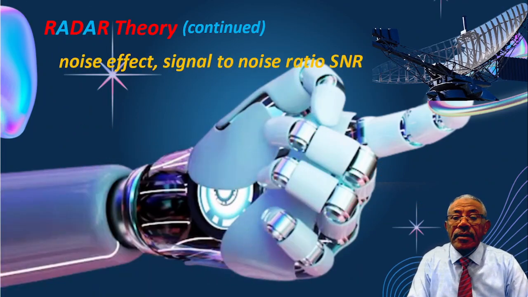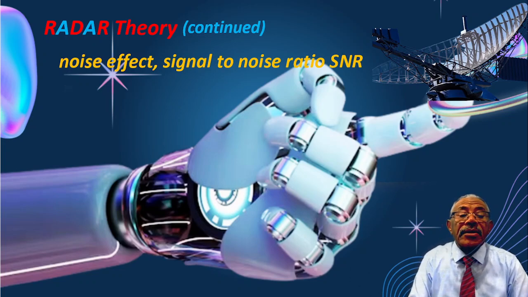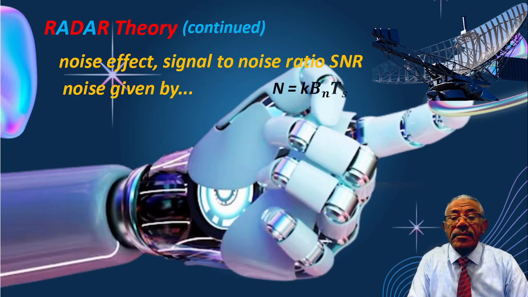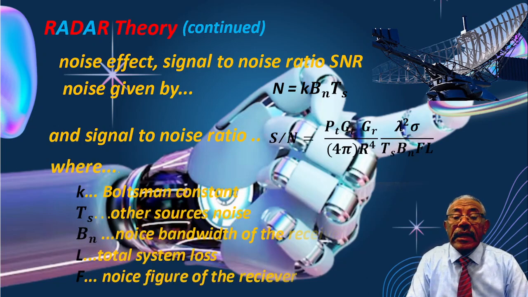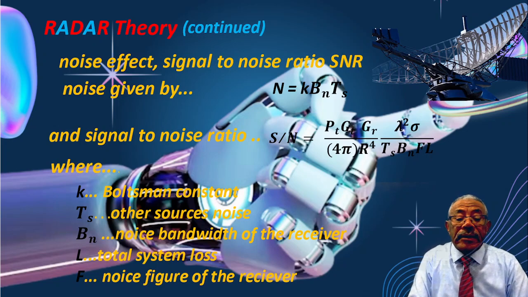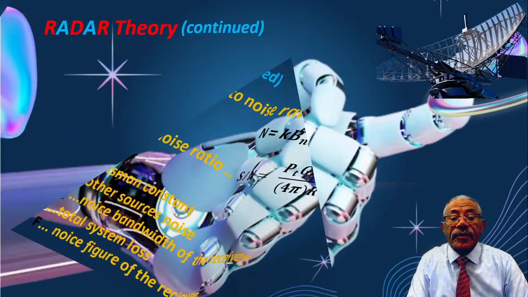Noise effect in radar systems is measured by signal to noise ratio. The noise is given by, and the signal to noise ratio is given by, where K is the Boltzmann constant, Ts is other sources of noise, Bn is the noise bandwidth of the receiver, L is the total system loss, and F is the noise figure of the receiver.